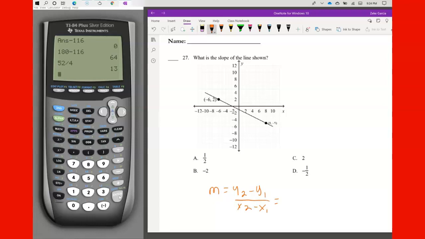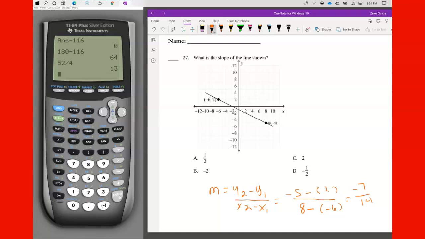So what's the value of y2? In this case, the value of y2 is negative 5 minus 2. Okay, that's 2. Divided by, what's the value of x2? I'm going to say it's 8 minus a negative 6.